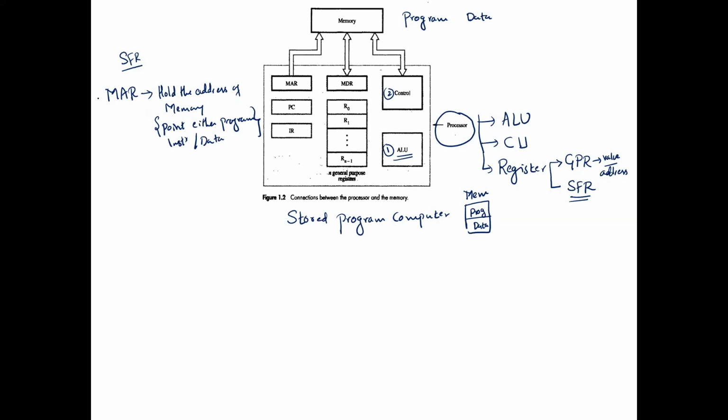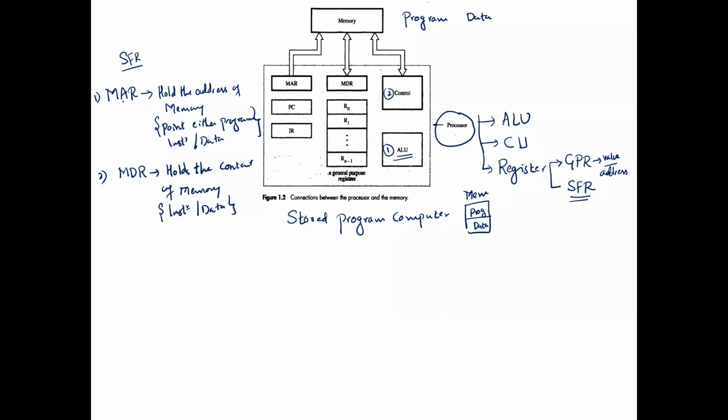So this is the first SFR register. The second SFR register is MDR, the memory data register. What is this memory data register meant for? It holds the content of memory. The content of memory could be either a program instruction or data.